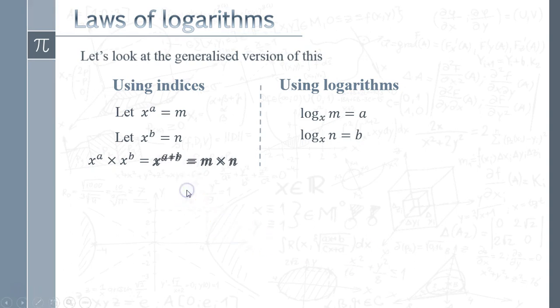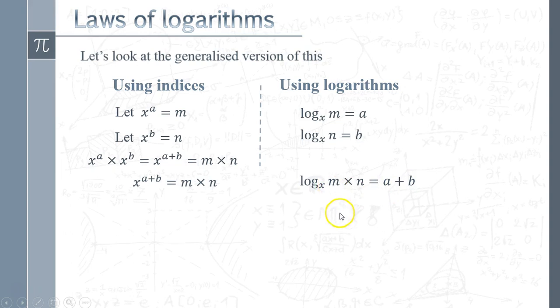And I'm just going to pick out that bit there and say we've got x to the power a plus b equals m times n, because we know this thing here is m, this thing here is n. And if we take this statement and now rewrite this using logs, we've got log to the base x of m times n equals that bit there, a plus b.